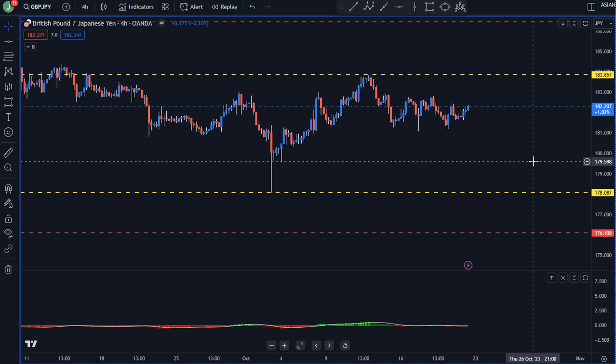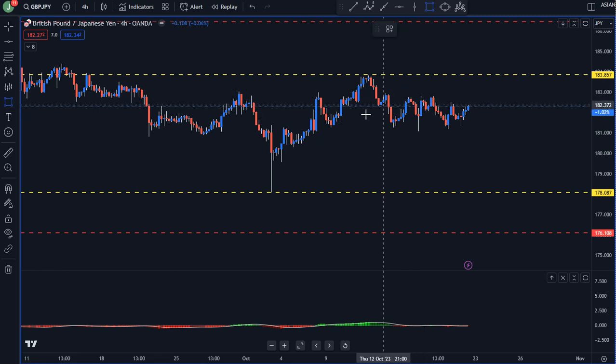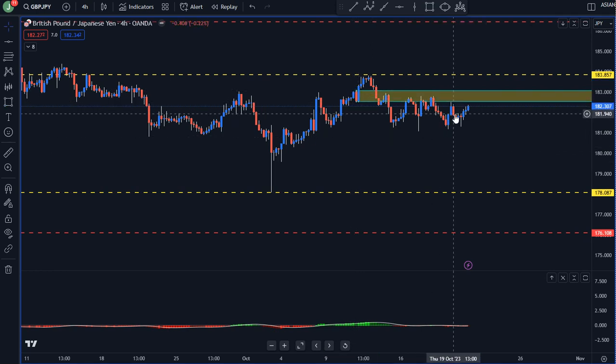I want to sell in areas where I see sellers were in that area, and I will identify that with my zone. So I do see a bullish engulfing candle here. So I'll take the high and low of the previous candle and I will identify my zone. Now this area becomes a supply zone, basically, because we are approaching an area of resistance.